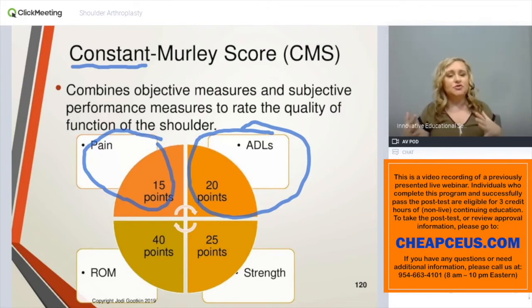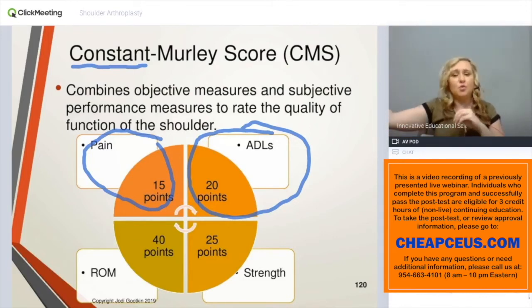And then for strength and range of motion, they get points for how many degrees of range of motion are achieved, and then they get points for how much weight they can hold. So let's say you give the patient a 1 pound weight, and you see how long they can hold it.